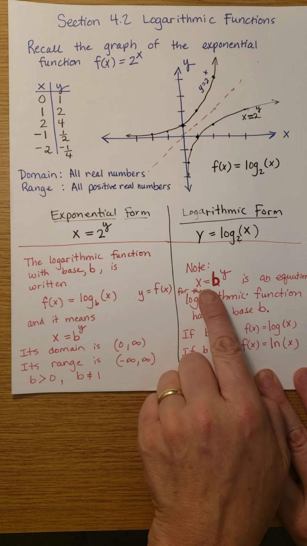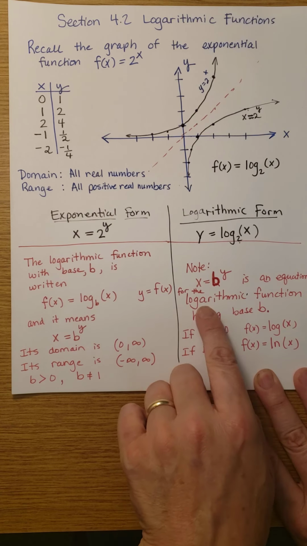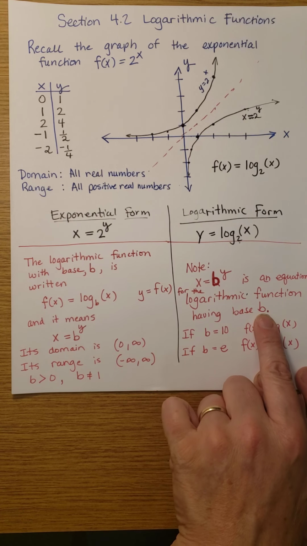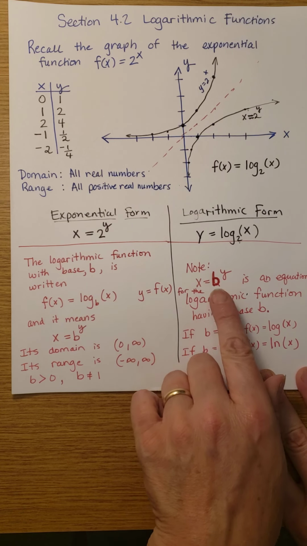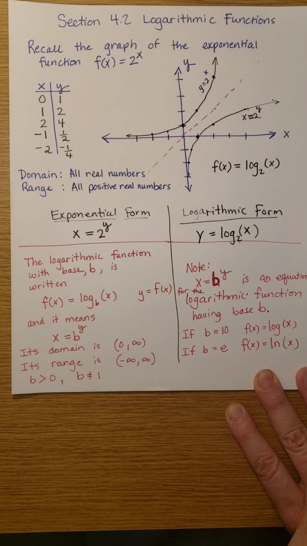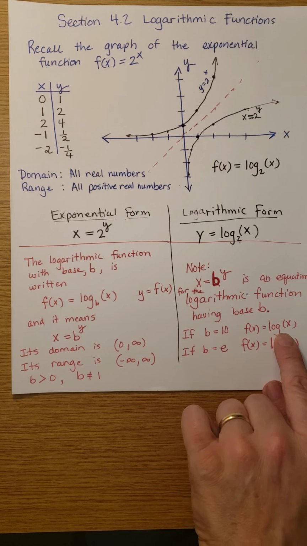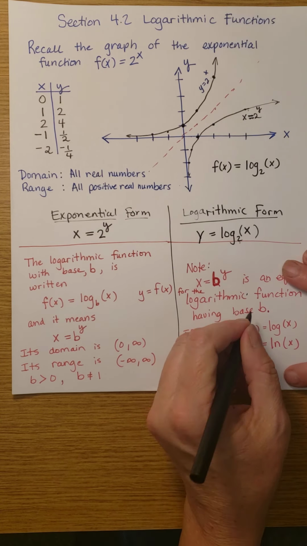It's important to note that x equals b to the y is an equation that describes the logarithmic function having base b, and this is the exponential form of the logarithmic function. If b equals 10, then we write it without a base. It's called the common logarithm.